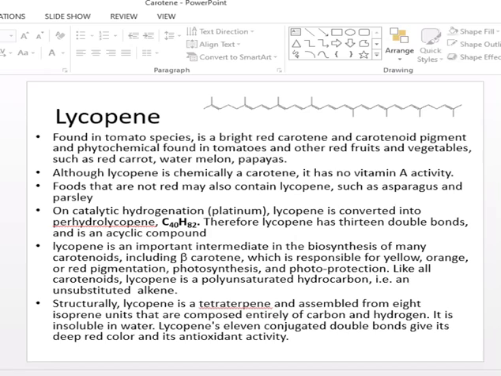Lycopene is an important intermediate in the biosynthesis of many carotenoids, including beta carotene, which is responsible for yellow, orange, and red pigmentation, photosynthesis, and photoprotection. Like all carotenoids, lycopene is a polyunsaturated hydrocarbon and unsubstituted alkene.